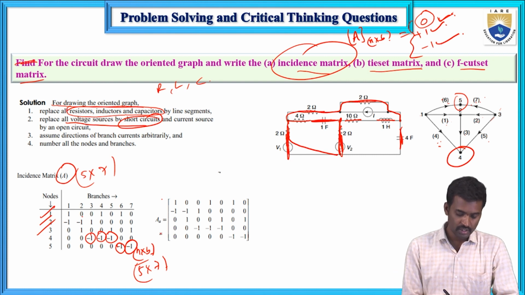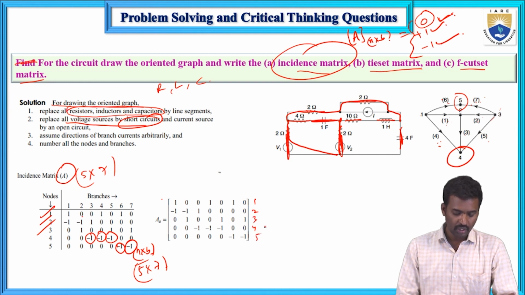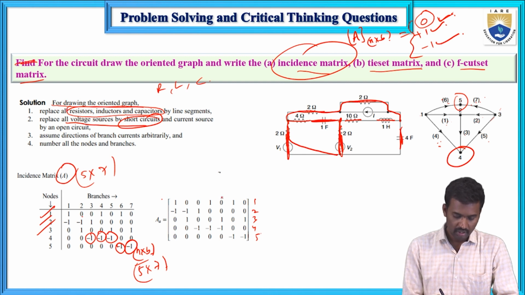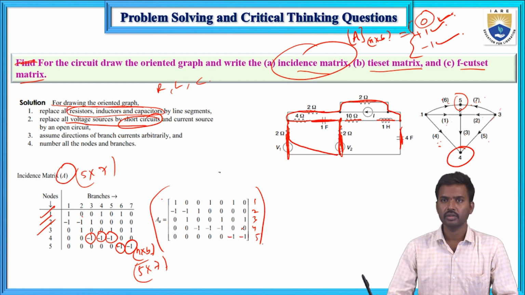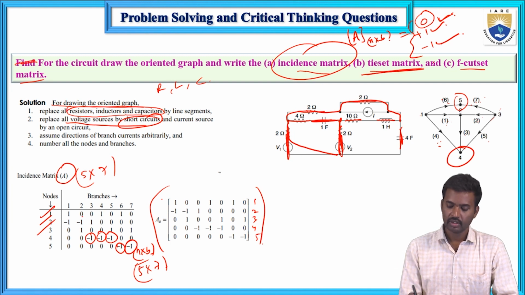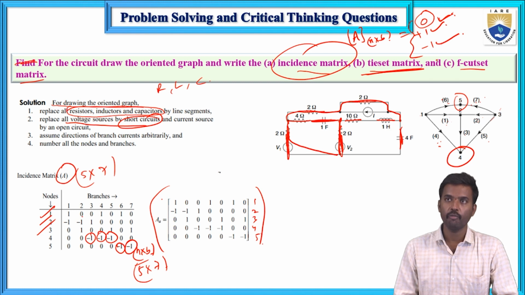So now this is 1, 2, 3, 4, 5. This is the incident matrix, where this is minus, this is minus. Next is the tie-set matrix, number of loops cross number of branches.